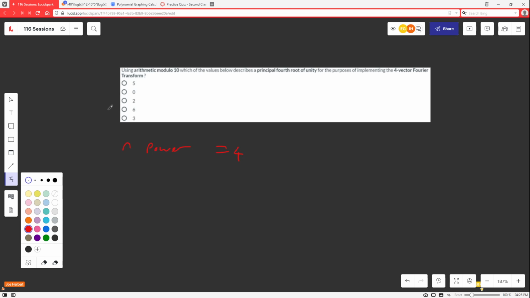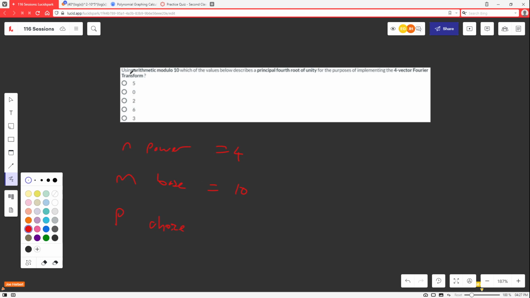You have a number base m, in this case it's 10. And you also have a choice. So which of these choices? You want to find which of these, and we're going to call this P.